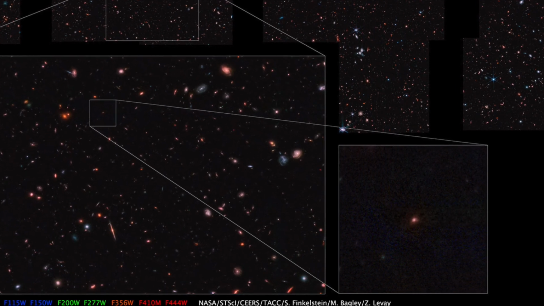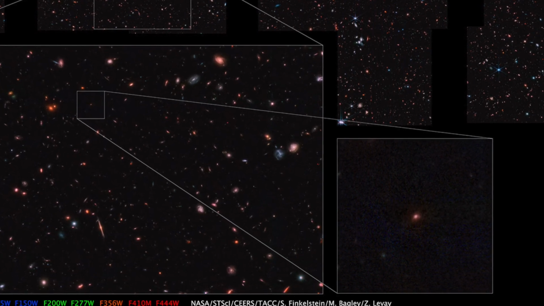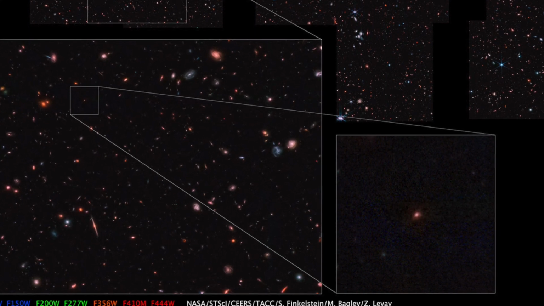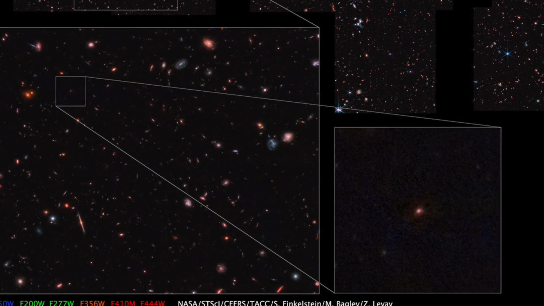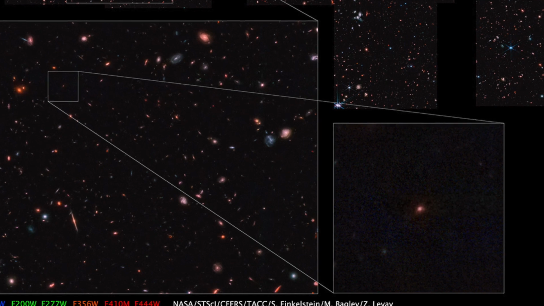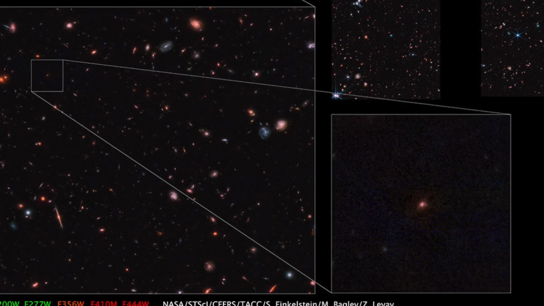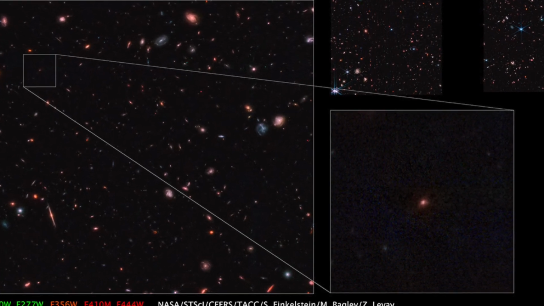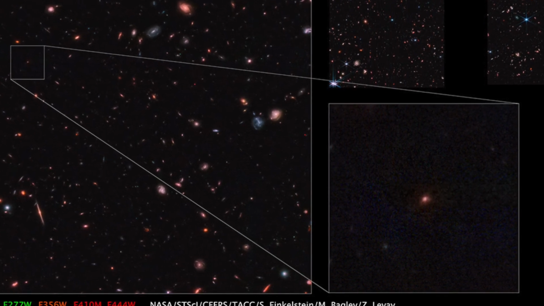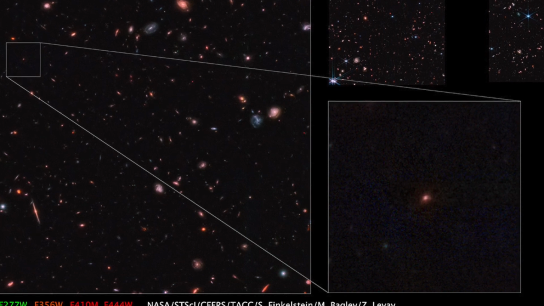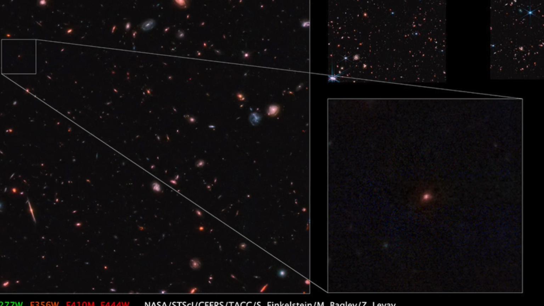So this is how we find these really high redshift galaxies. We are looking to see, is a galaxy brighter at certain wavelengths than in other wavelengths? Because if we see a galaxy that is not bright at short wavelengths of light, so towards the bluer end of the near-infrared spectrum, but it is really bright towards the redder end, that tells us that galaxy is potentially located in the very, very early universe, because we're looking for certain breaks in the spectrum that are produced by very young stars.